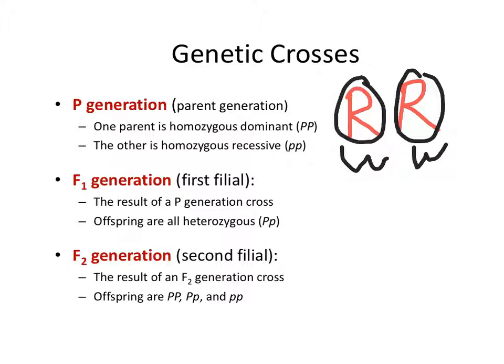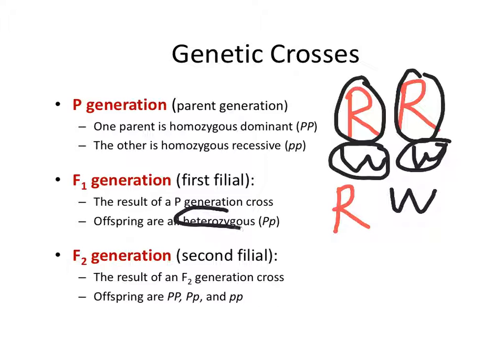Eventually you're going to end up with an offspring that has a red from dad. The same thing is happening for mom. She can donate this white allele or this white allele, and so the first F1 generation is going to be heterozygous. That means red-white alleles, not red-red or white-white. The red comes from dad, the white comes from mom.